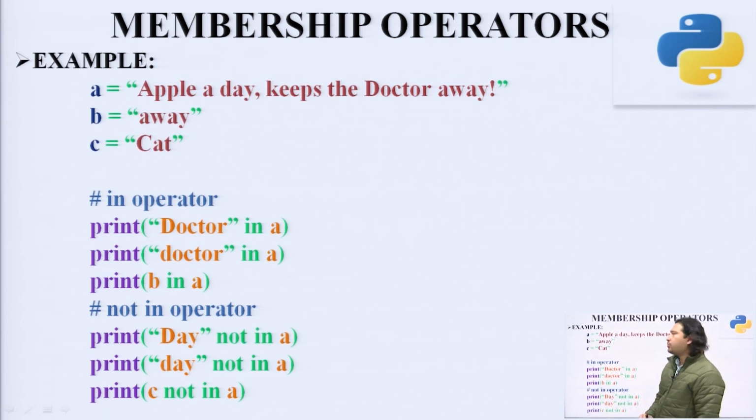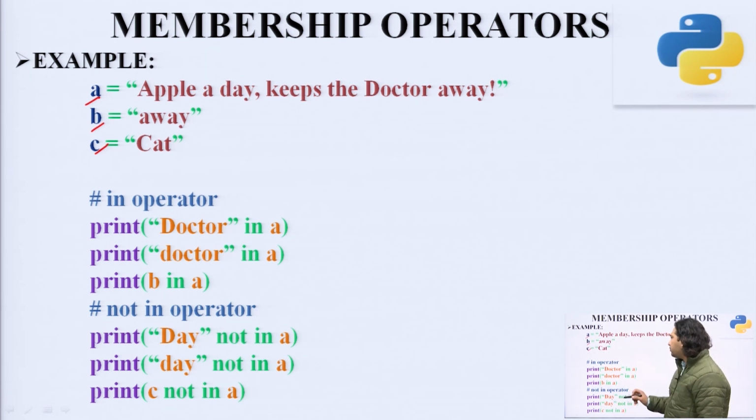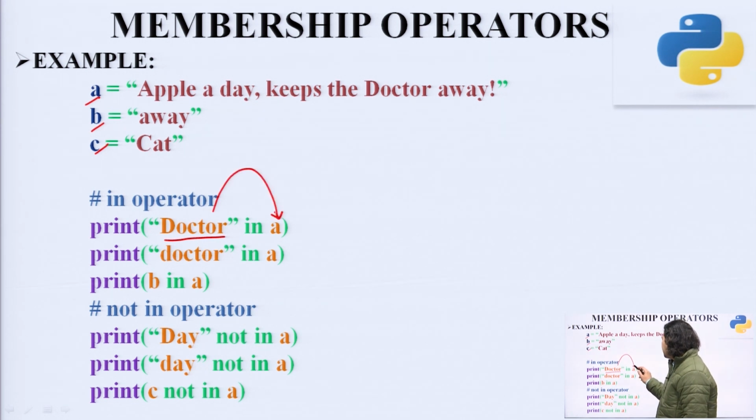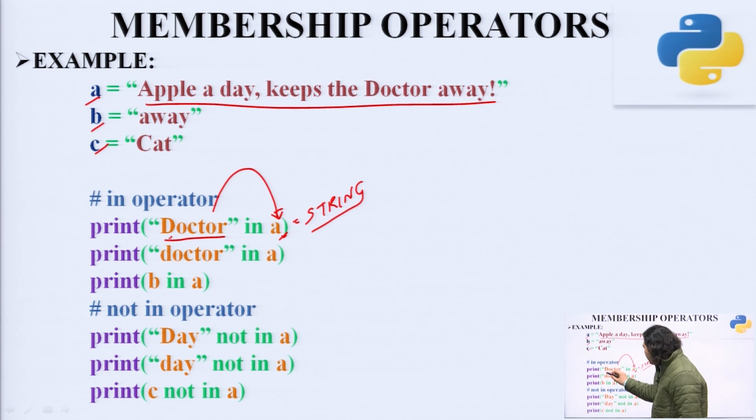Now, look at the example. Here again we have created three variables, all three variables are string data type, and we are trying to find out whether doctor is available under this sequence or not. This A is a sequence which is represented by string. So, under this string we are representing this whole data, and we are checking whether this doctor is available under this whole data or not.